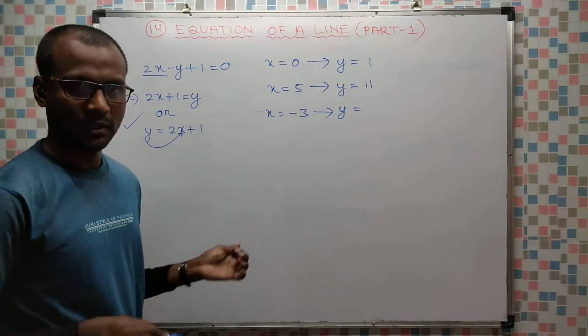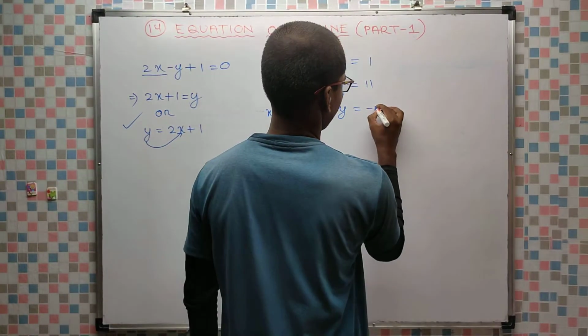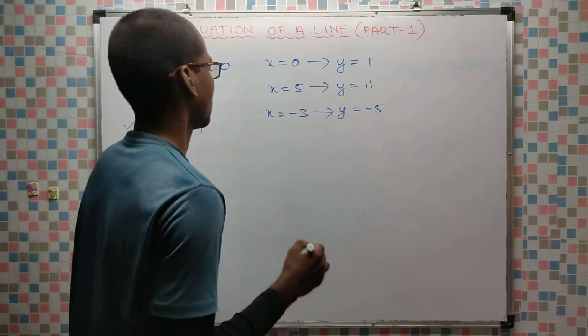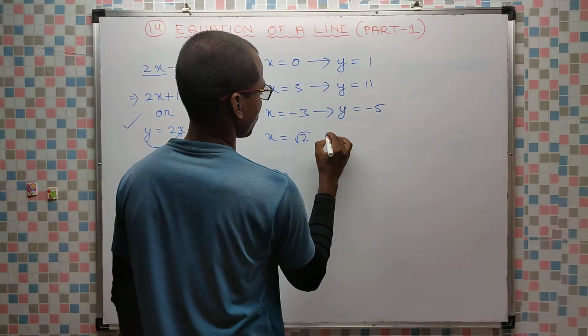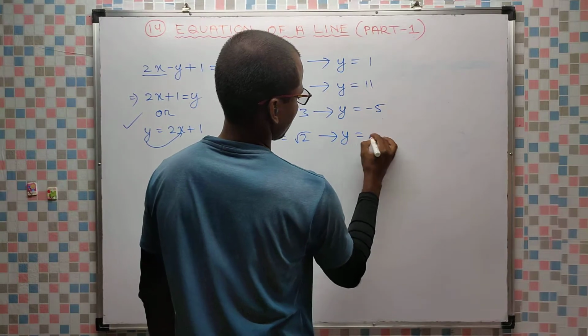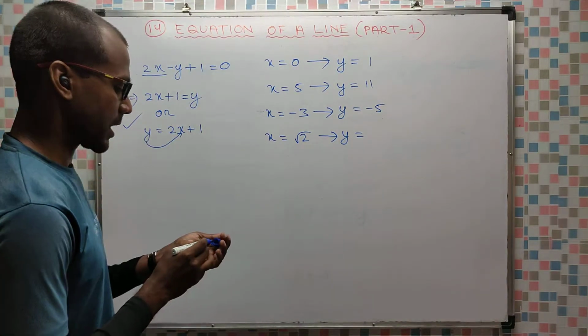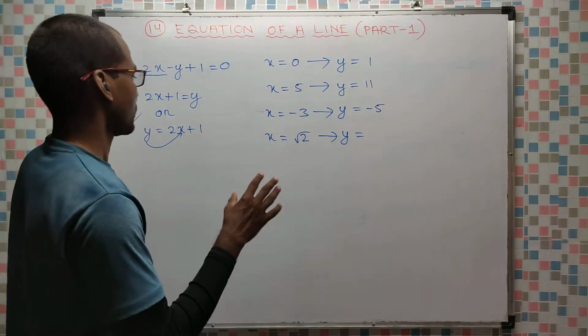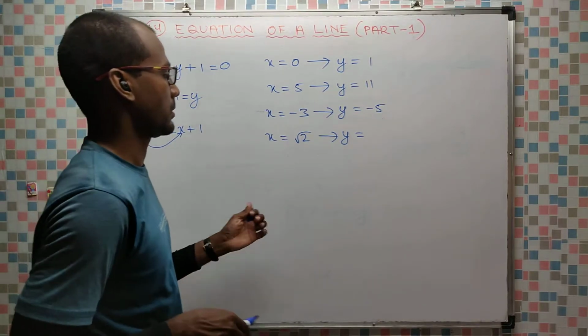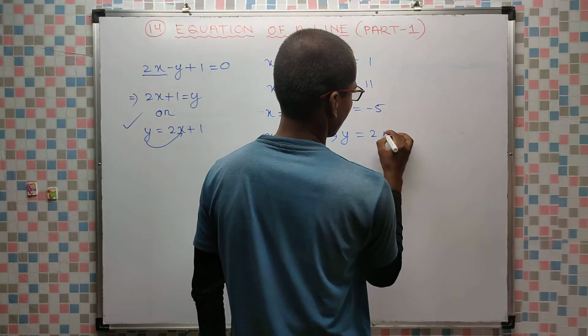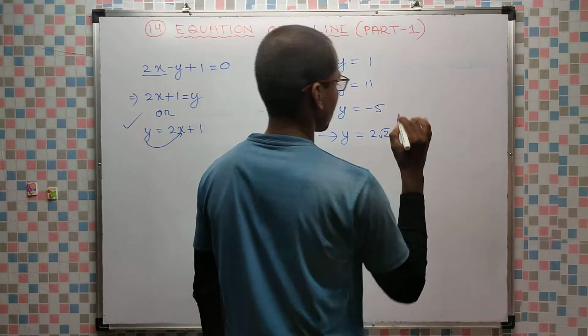Minus 6 plus 1, that is minus 5. x is equal to, suppose, root 2. Randomly we can take any value, rational, irrational, any real number. So y is equal to 2 into root 2, that is 2 root 2 plus 1.